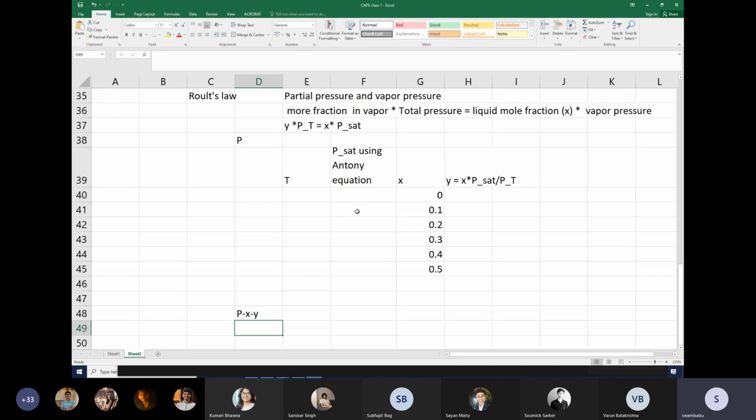Now here I'm saying that I am varying only one variable. I am keeping one variable fixed. I am only varying one variable.